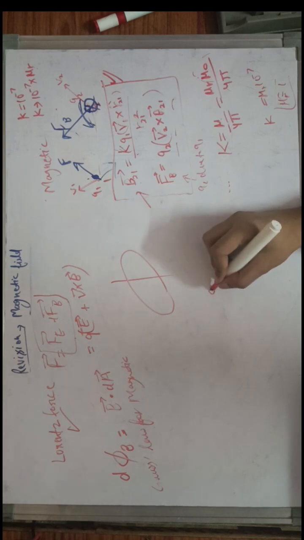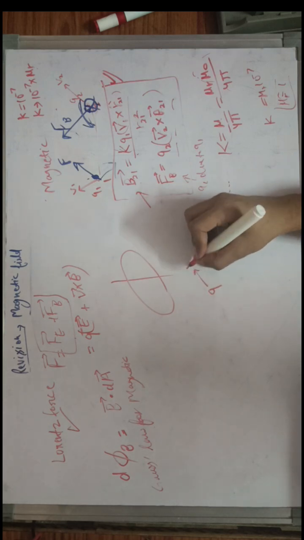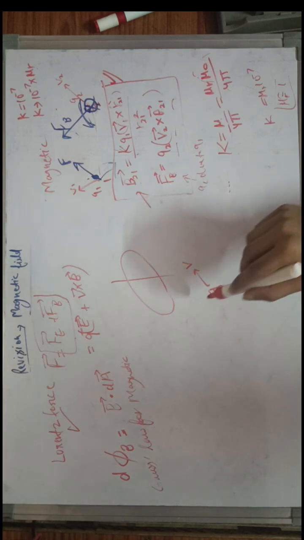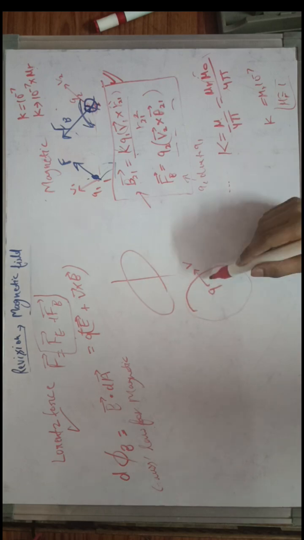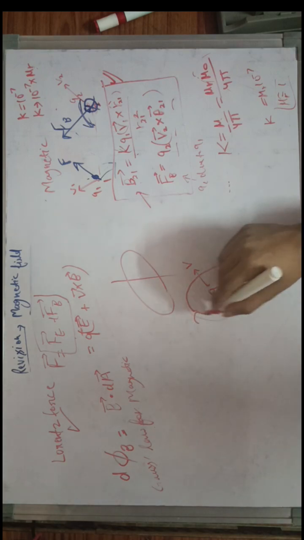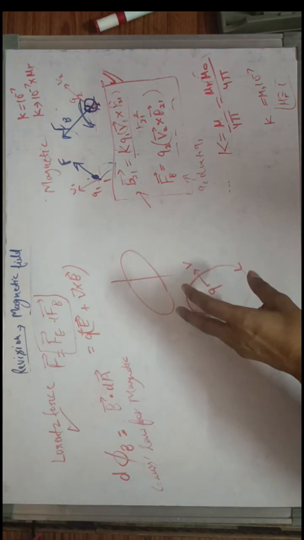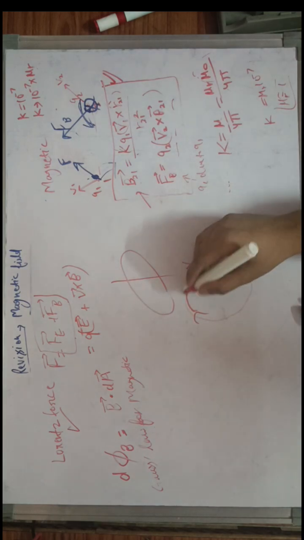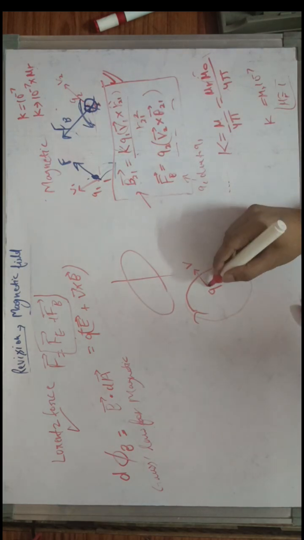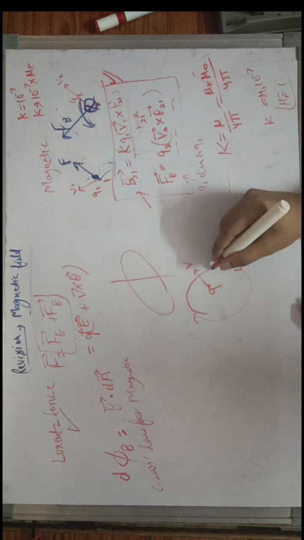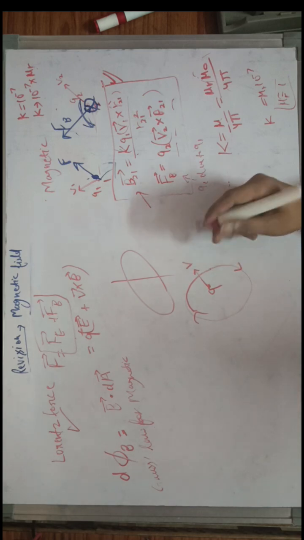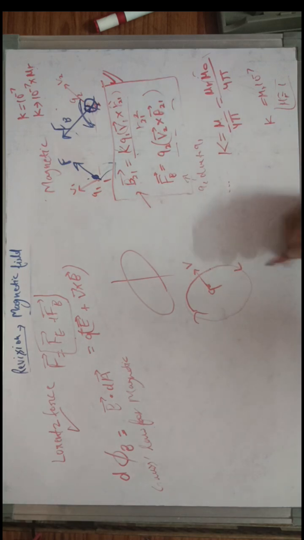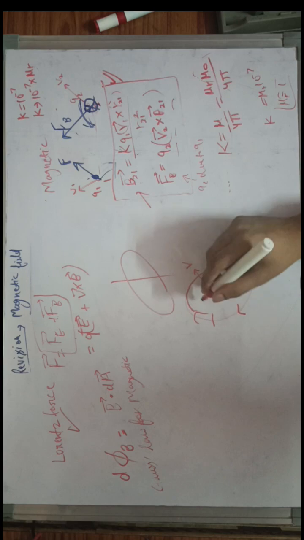Let's say there is a charged particle Q here moving with some velocity v in this direction. Then there would be some magnetic field around this charged particle in a circle. Around this point charge it will have equal magnitude in this circle, and the direction of the magnetic field would be like this.